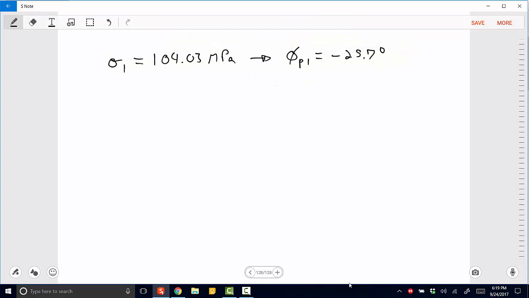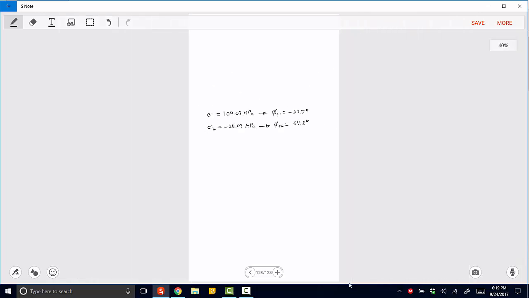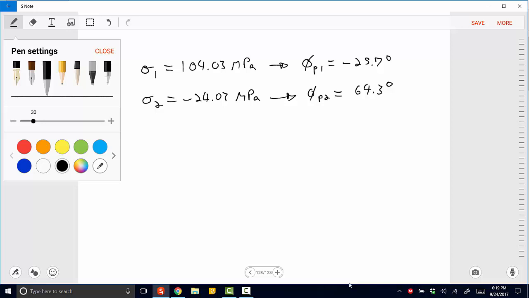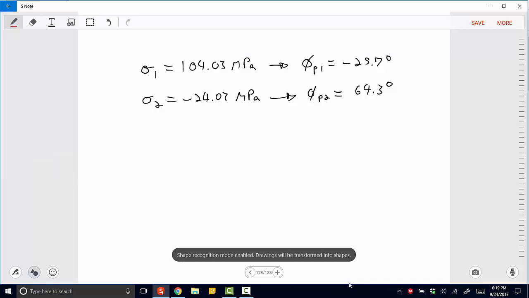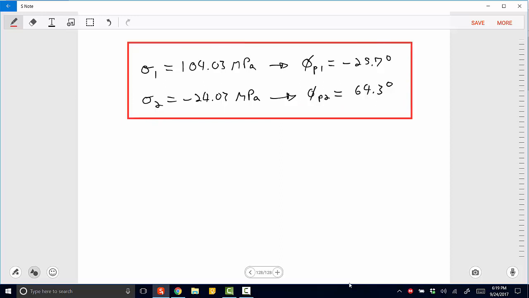And then sigma 2 is equal to negative 24.03 megapascals, and that is at an angle of 64.3 degrees. And so taking this approach, we're able to find the directions, and from those directions define which one is sigma 1 and sigma 2.